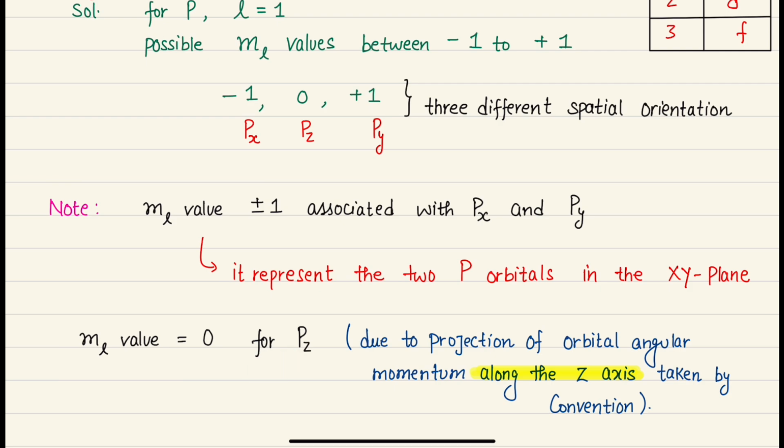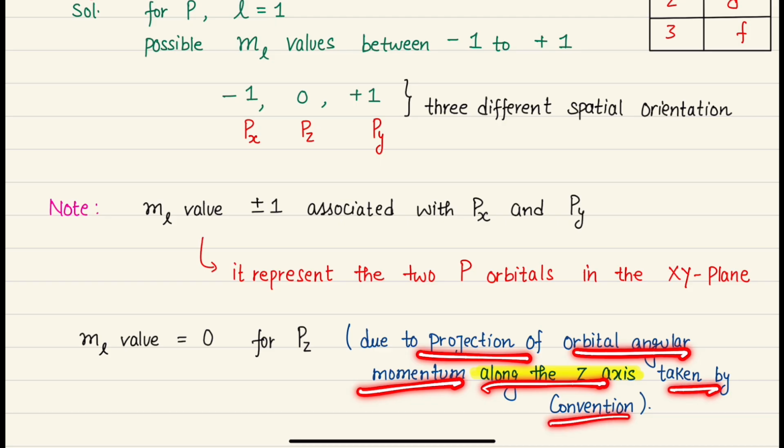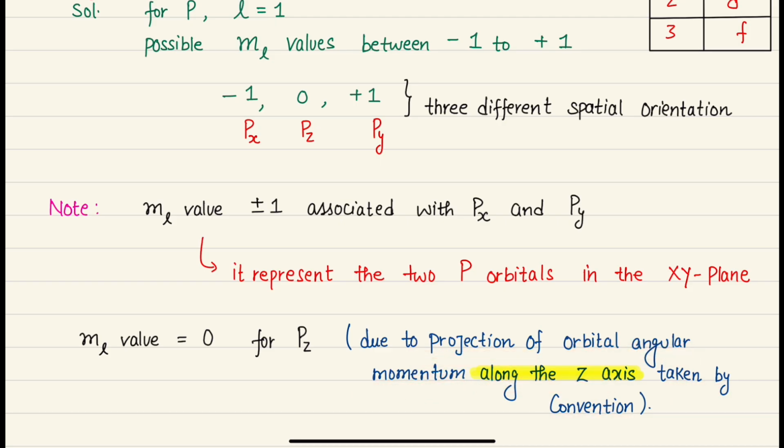How did the convention come? It came from the projection of orbital angular momentum along the z axis, taken by convention. So please remember, ml value 0 is for pz. It is fixed. And why is 0 fixed for pz?